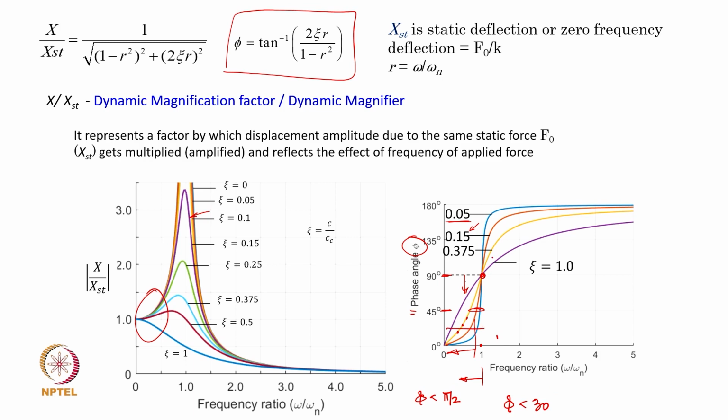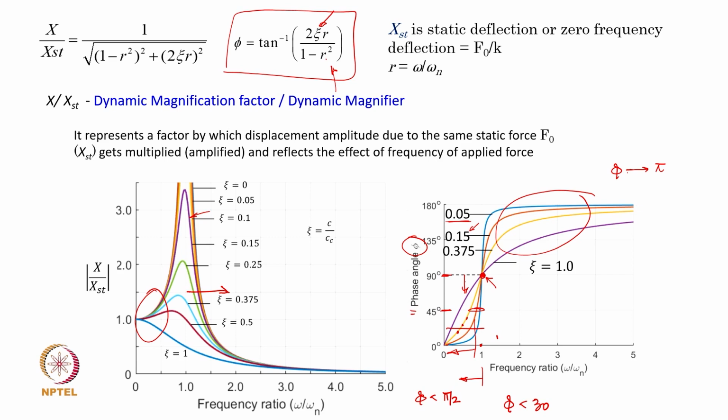The moment it flips beyond that, that means once it crosses this resonance point, the phase angle now is going to be approaching a value equal to 180 degrees. That means, the value of phase angle phi will approach 180 degrees. It crosses through this angle 90 degrees irrespective of the damping, which you can find out from this expression. When r is equal to 1, no matter what the damping is, the angle phi is going to be 90 degrees. Okay. So, all the graphs cross through this point 90 degrees, and then they will approach a value of 180 degrees.